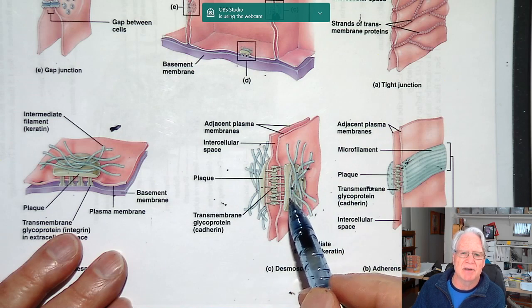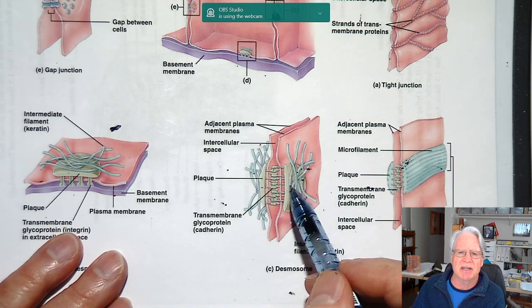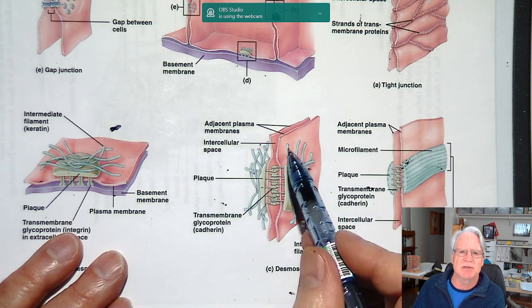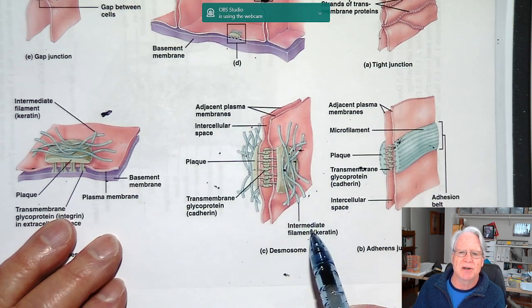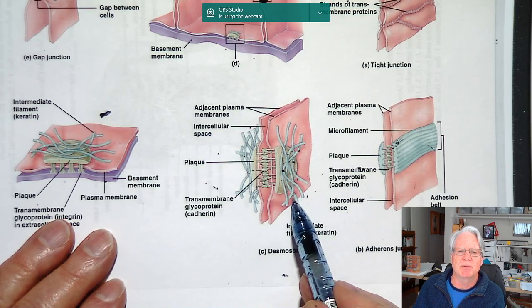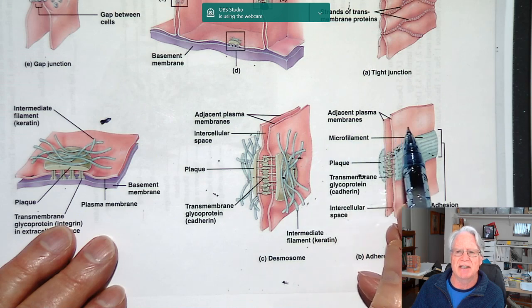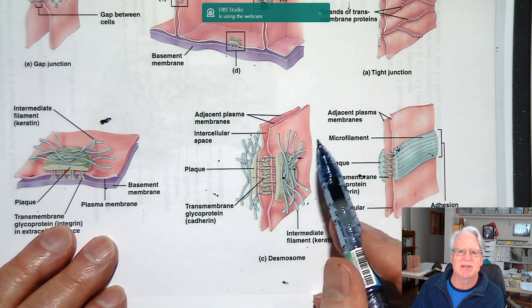Here we have a circular plaque, not a belt, but notice that they have these protein extensions, and these are called intermediate filaments. They're very strong proteins, and they extend out across the cell and connect up to the opposite side of the cell.